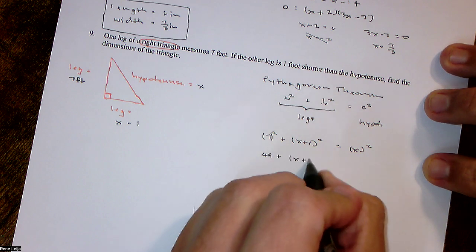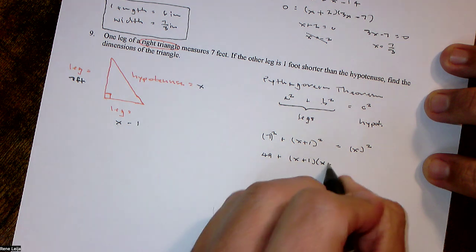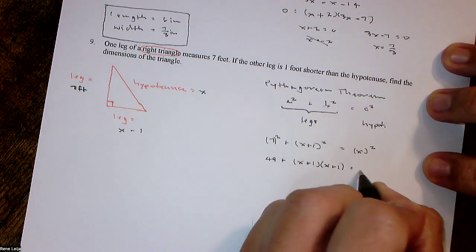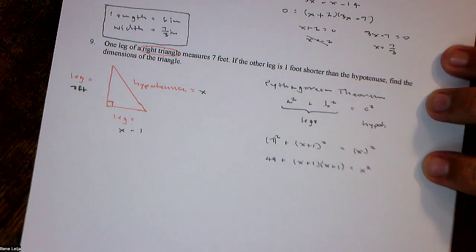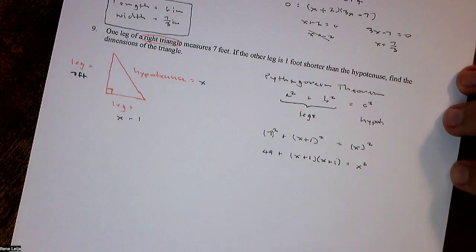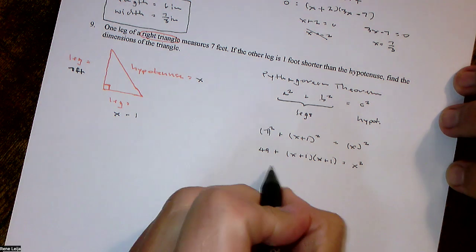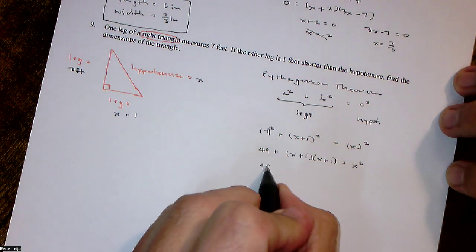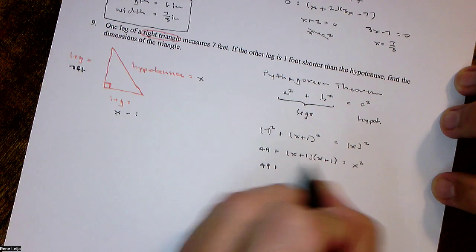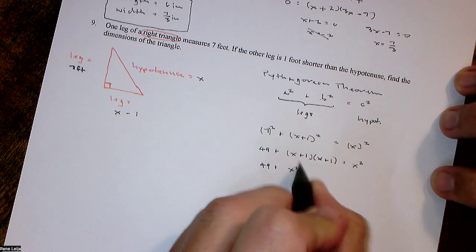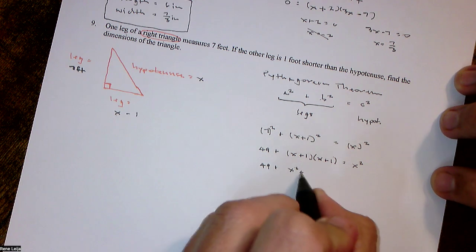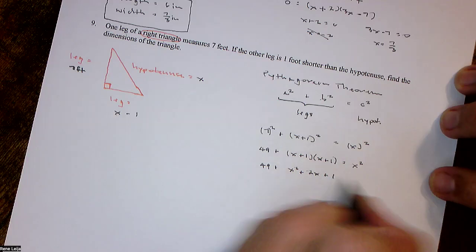Now, don't forget this x plus 1 quantity squared means you have to expand. So you're going to have to FOIL. All right. So we have 49 plus, now we FOIL, x squared. Outer is an x, inner is an x, so that's a 2x plus 1.